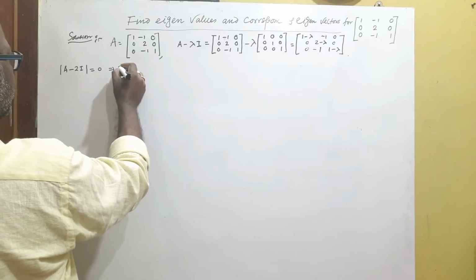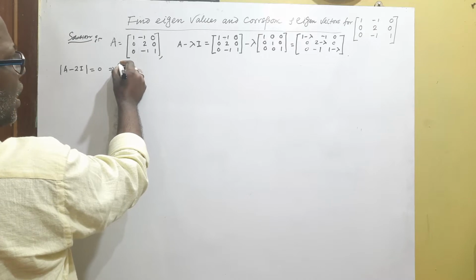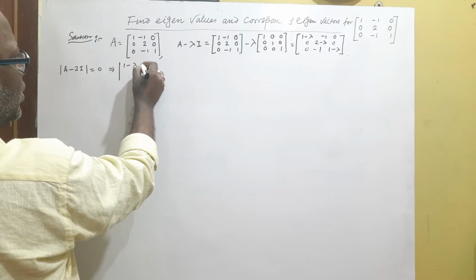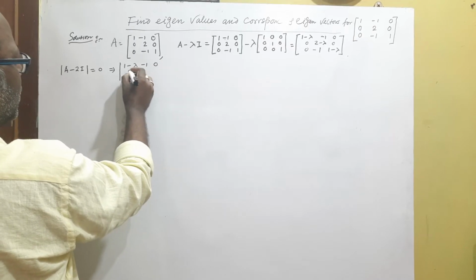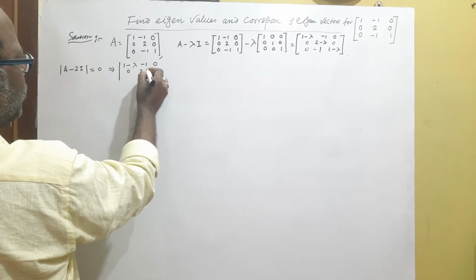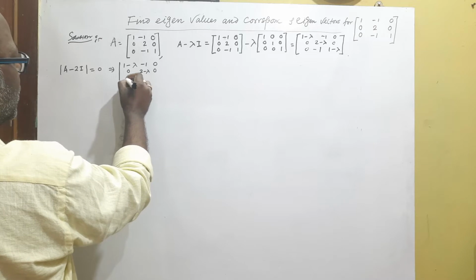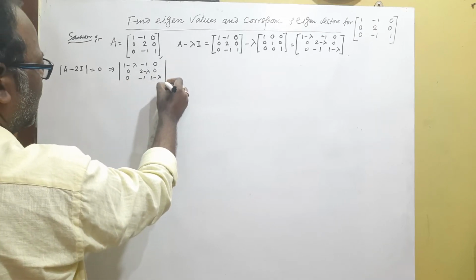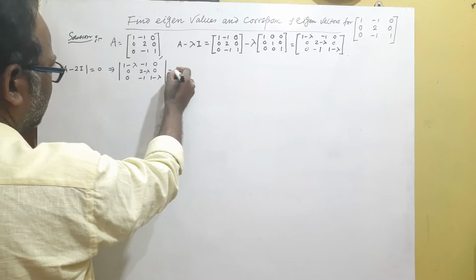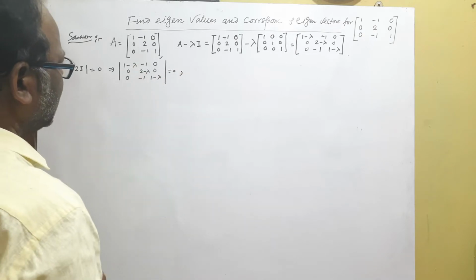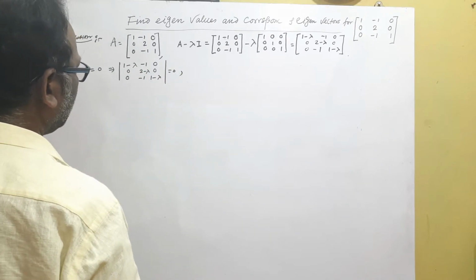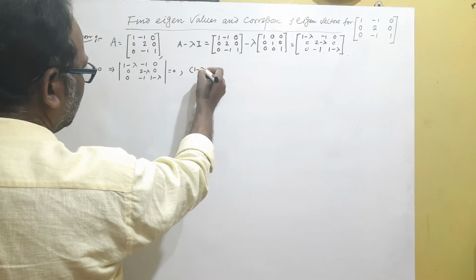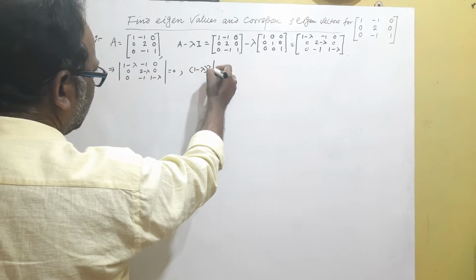Now this is here the determinant of 1 minus lambda, -1, 0; 0, 2 minus lambda, 0; 0, -1, 1 minus lambda, equal to 0. Take common 1 minus lambda from the first column and 1 minus lambda from the third column, so this is whole square.